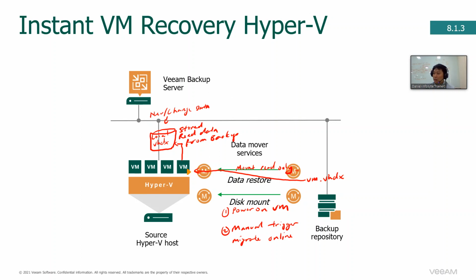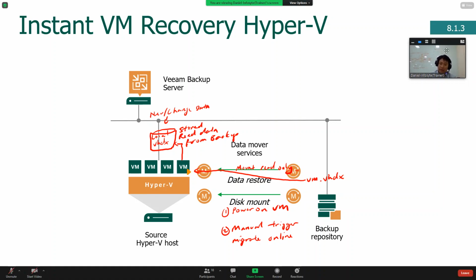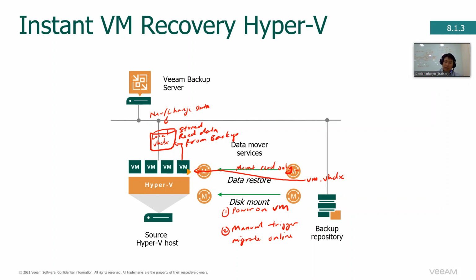So you can do this later in your lab. You need to trigger migrate online manually to conclude the entire task. If not, your data will still be in your backup repository, because when you boot up your VM, it is not necessary to read all the data in the disk. Yeah, they will only read data that's required for your OS, maybe to boot up, for applications to run, etc., and for certain data.